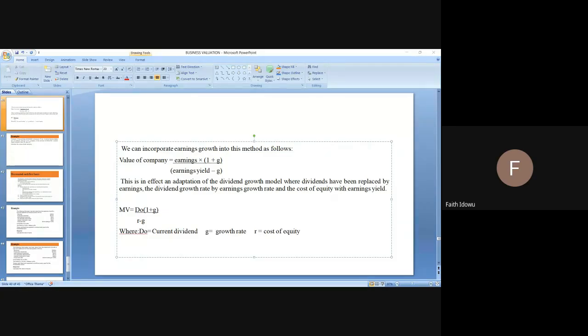Earning yield, is it not the profit on what you make from the stock or from your investment? Yield, the outcome, earning, what you got from your investment. I'm just trying to make it layman understanding.